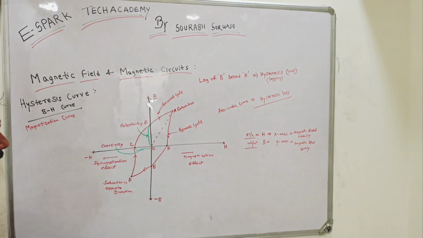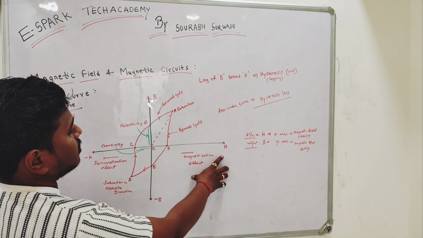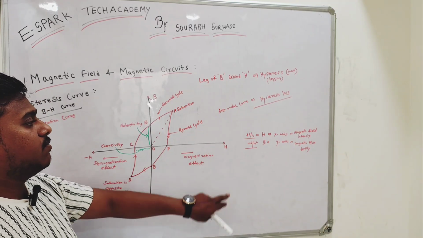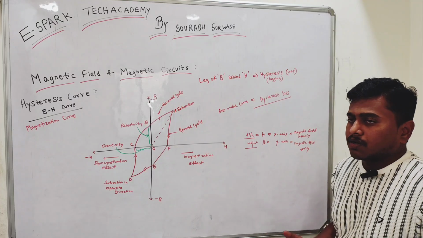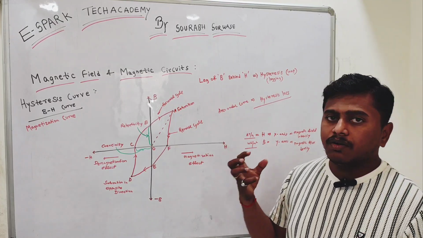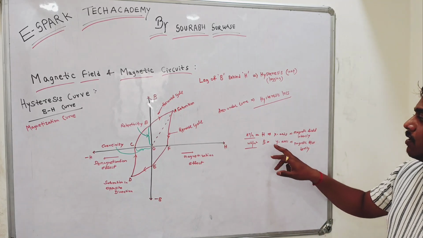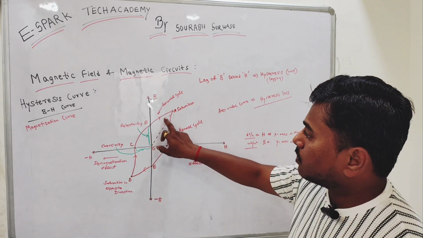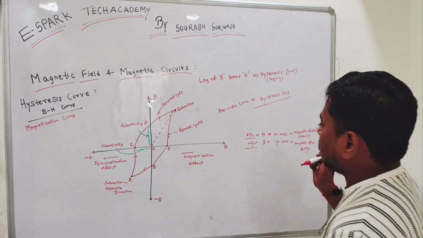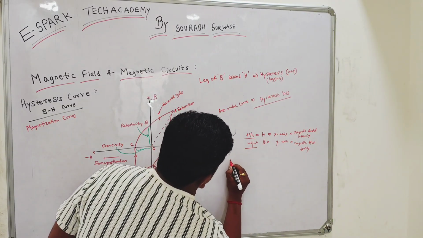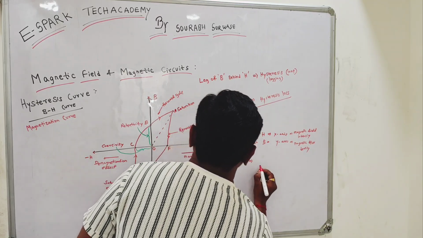Now, as we go on giving the magnetizing current, or you can say you go on increasing the magnetic field intensity, it is nothing but a force which is given in order to travel a kind of flux or magnetic field in a ferromagnetic material. When H increases, B also increases for a certain level. I will show here the part OA of the graph.